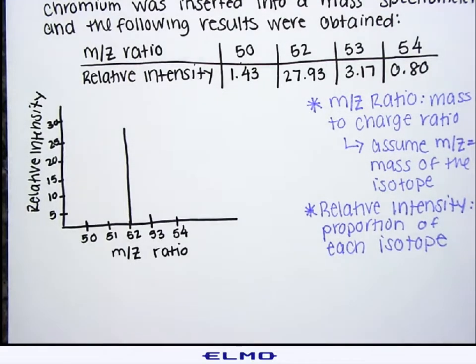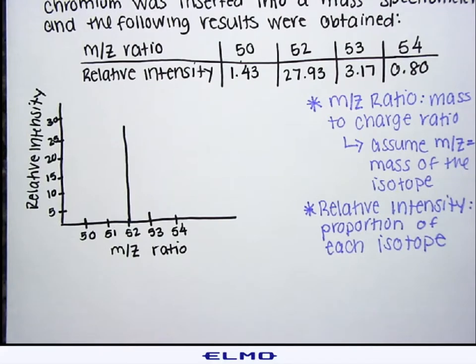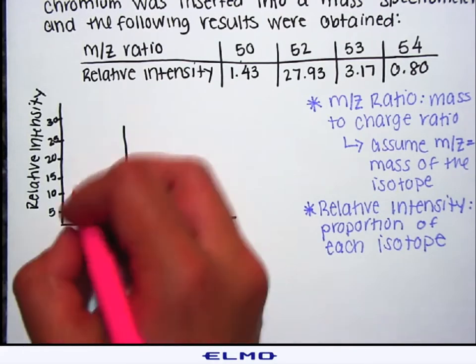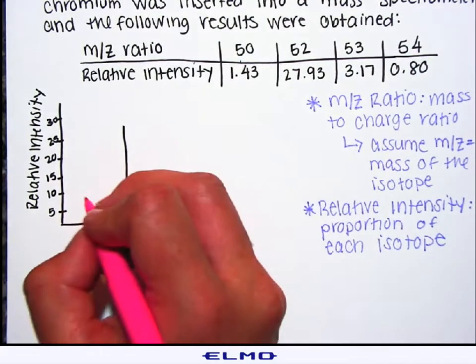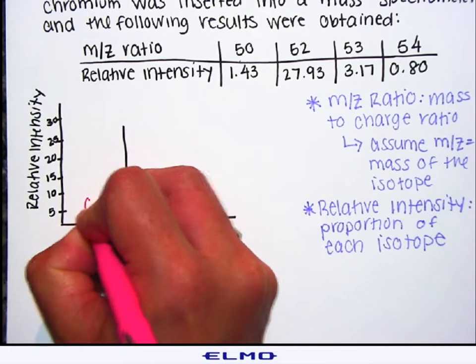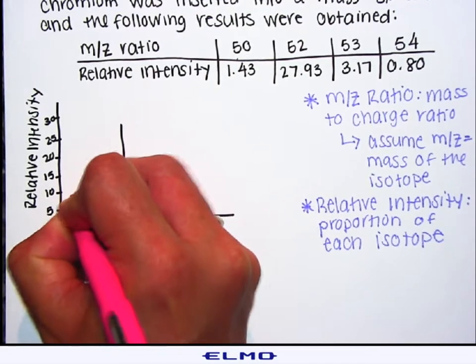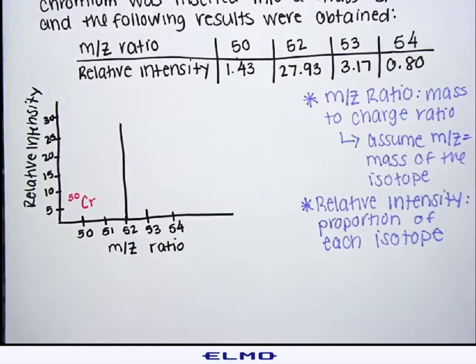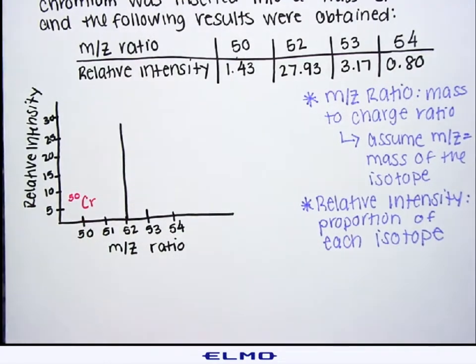One thing that you might be asked to do is to label each peak with the isotopic symbol. So I know this is chromium 50. And if you wanted to, you could also add in your atomic number.